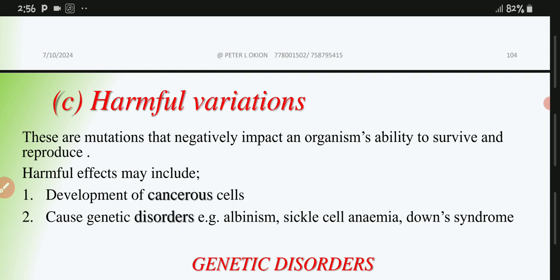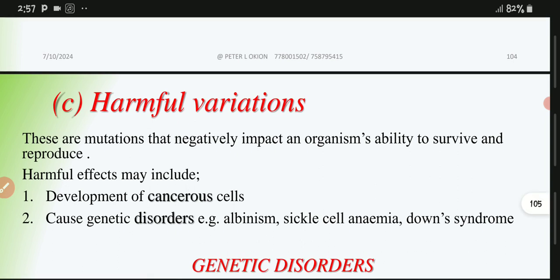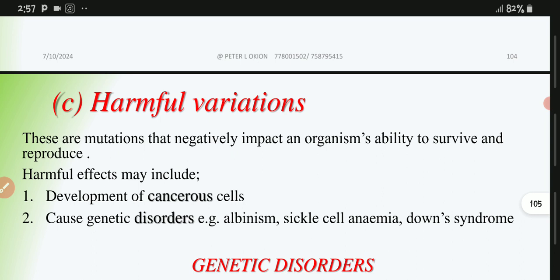Harmful means it is dangerous to you as an organism, and it can also prevent you from reproducing. One of the harmful effects is the development of cancerous cells. Two, it causes genetic disorders, for example albinism, sickle cell anemia, and Down's syndrome.